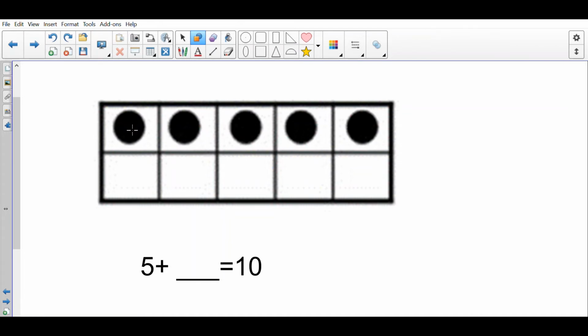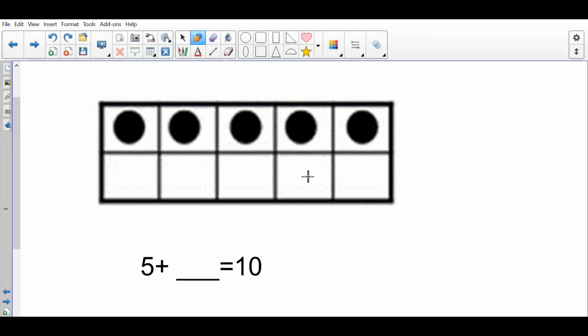So that's something that you should know in a snap, is that if you see this whole top row filled on a 10 frame, that equals 5. So our number sentence is going to be 5 plus, equals 10.